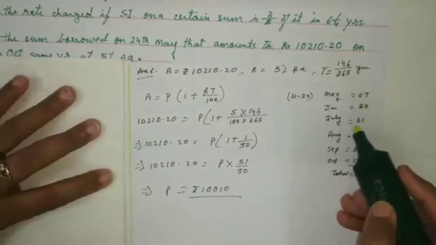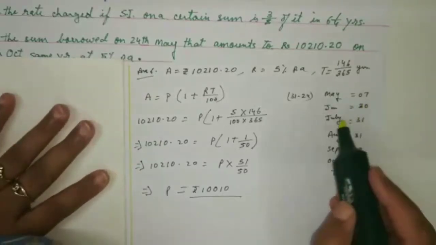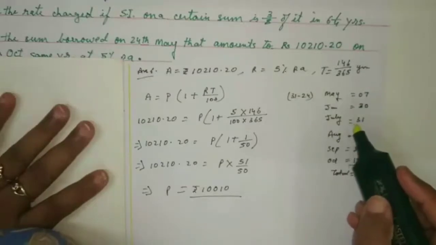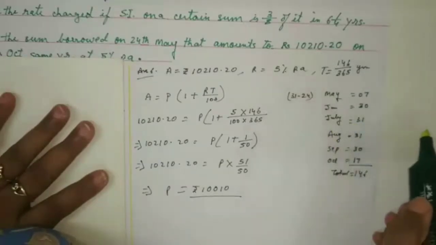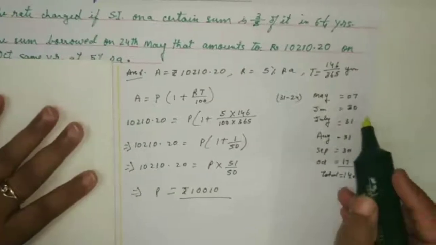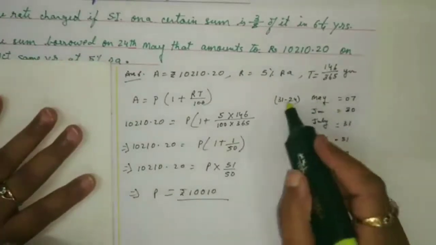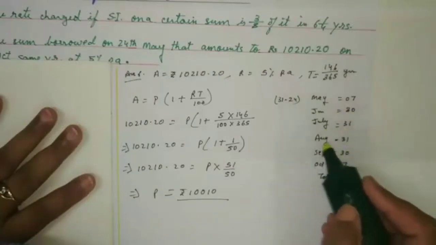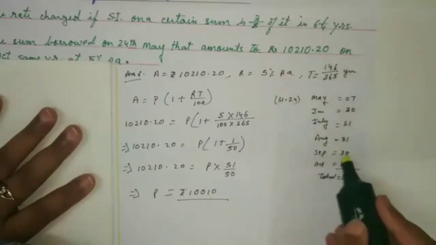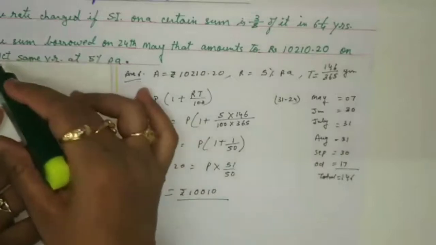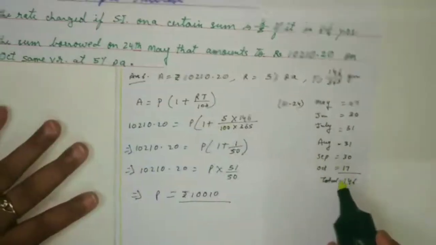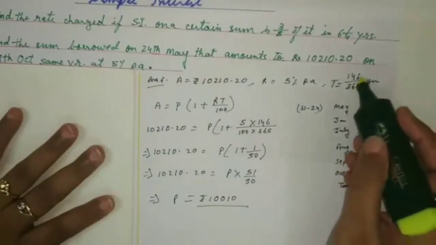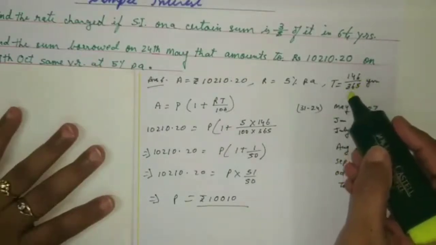I explained this method in the first page itself. So if you really want to know, please go back to that part and check the video once again. So May 31 minus 24, June 30 days, July 31 days, August 31 days, September 30 days, and the October last date is 17. So we write it as given in the question, and the total is 146. So the time is 146 by 365 years.